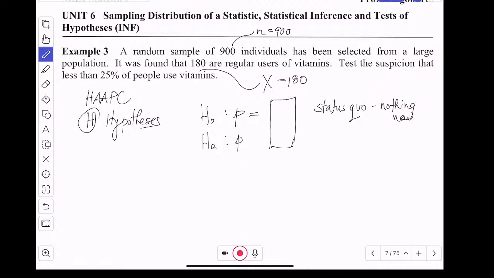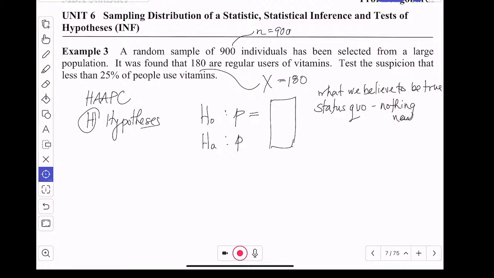What people believe to be true, given prior experience, given other data sets, given other research in different countries, whatever it is. So let's say in this population of interest, we want to test the suspicion that less than 25% of people use vitamins.